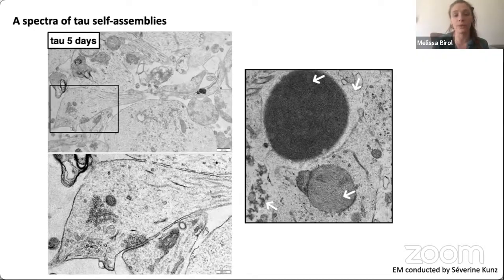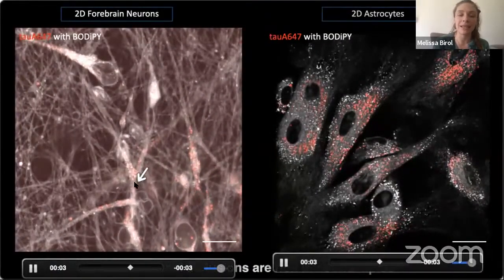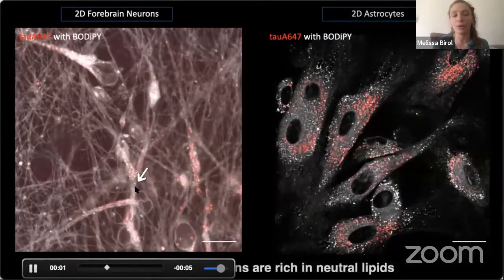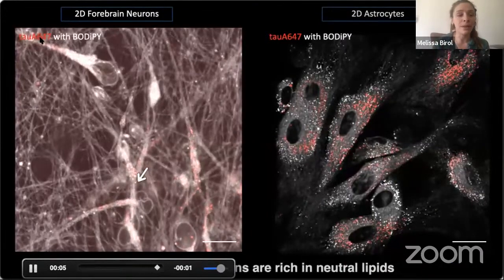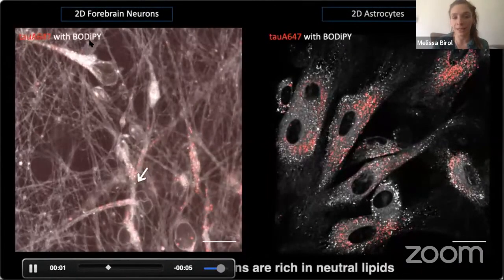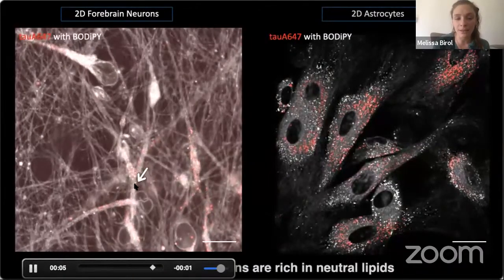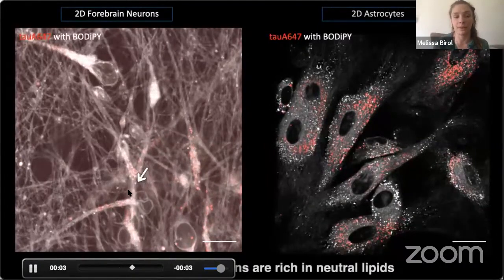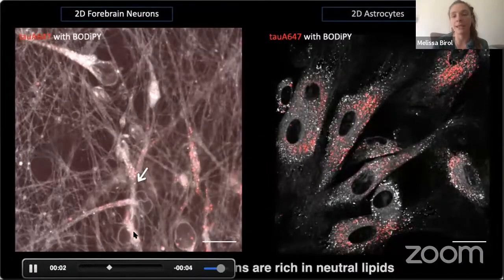One thing that we've observed, in comparing again neurons to astrocytes, is that in neurons, the dynamic nature of the tau that we saw correlates with a lot of lipid component. And one thing that you can see here is that I'm staining with BODIPY, and we can see that the tau particles are correlating with the neutral lipid dye that BODIPY stains for.